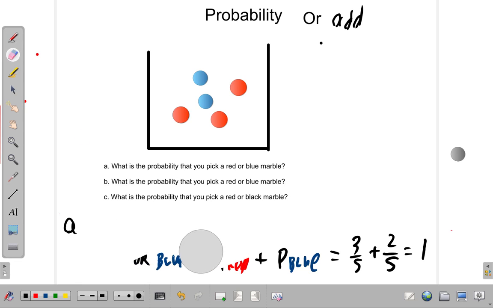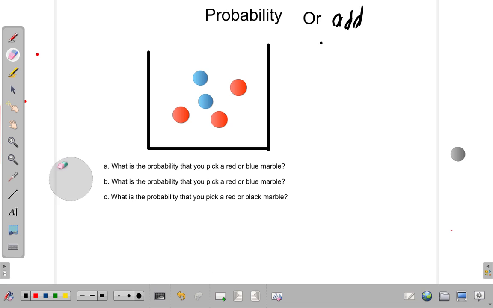Let's look at part B now. Part B of our question. Let's write that down here. B. What's the probability that you pick a red or a blue? Now it's the same question as above, but I'm going to make a little adjustment. You notice that I have a black marble out here.